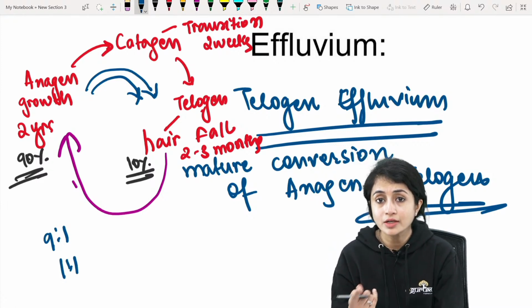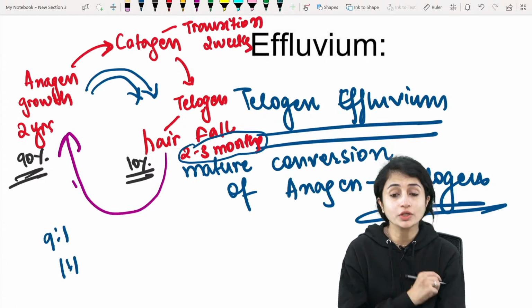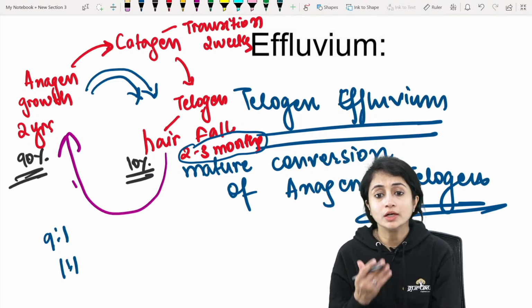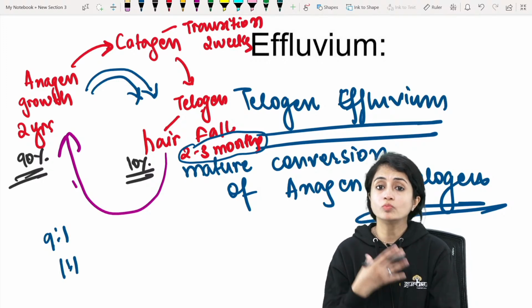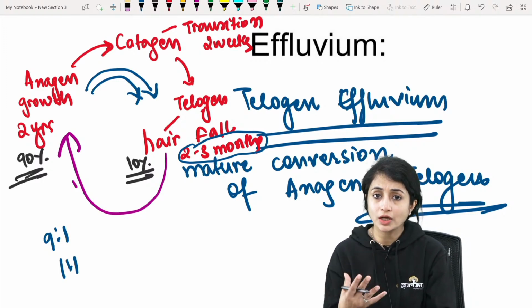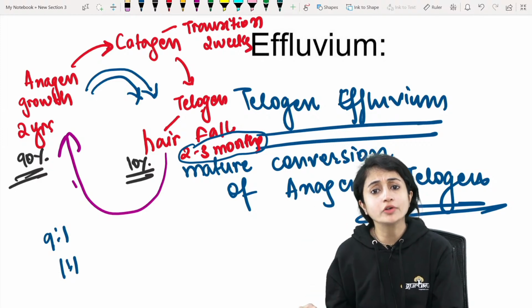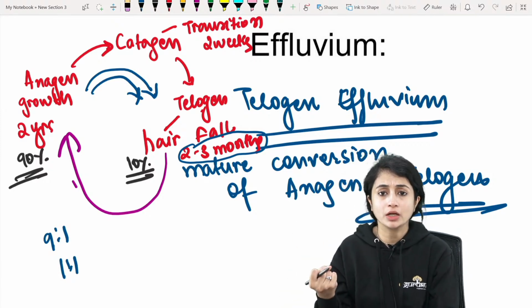Now a hair that goes into the telogen phase stays in that phase for 2 to 3 months and then falls off. So now earlier my 10% of hair were falling, but now what is happening? Almost 50% of the hair which were there, which went into the telogen phase, are now falling. So I will see a lot of hair fall happening. The patient would say, I have handfuls of hair coming out.